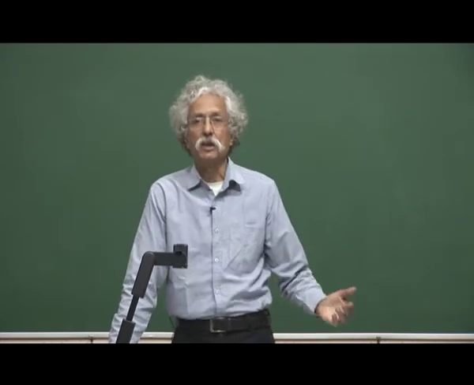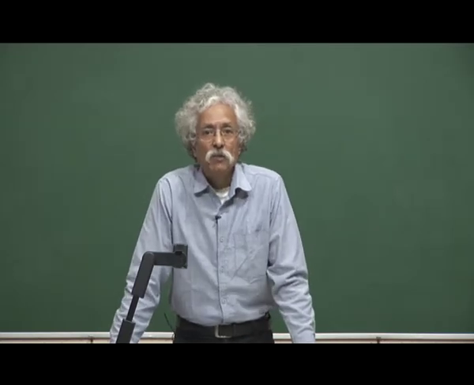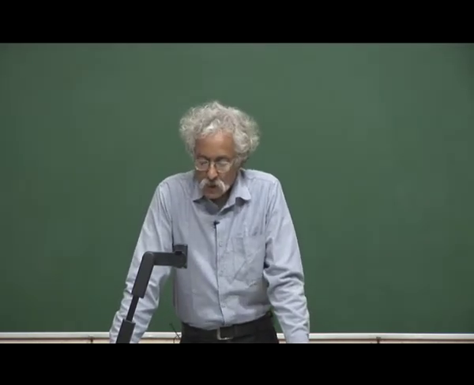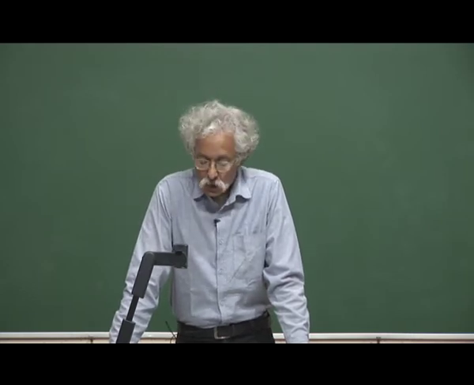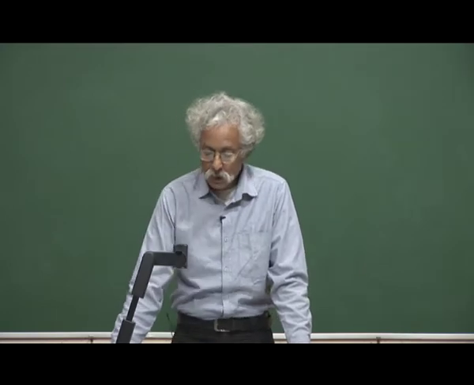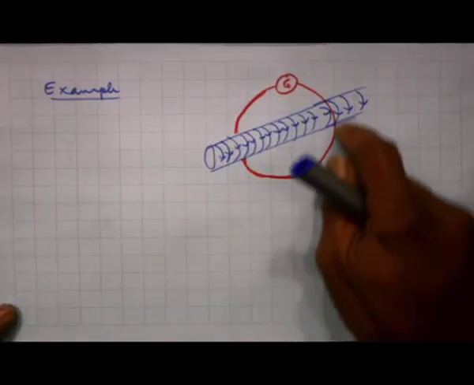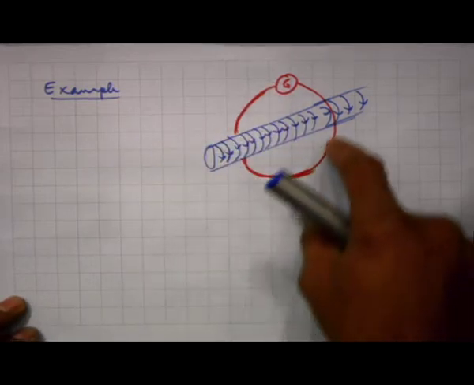It's 0 if the solenoid is infinitely long, but otherwise it will be a very, very small value. Now, if I change the current in the solenoid, the magnetic field inside the solenoid is changing with time. But if I look at this outside conducting loop, the flux through that loop is changing with time. So, according to Faraday's law, there must be a current induced in this conducting loop.